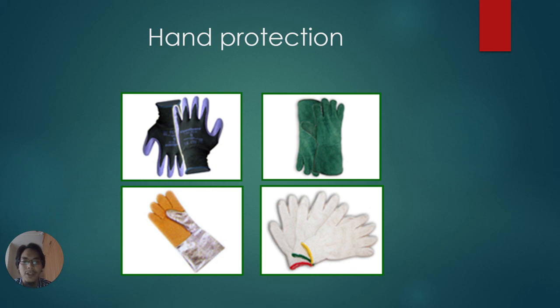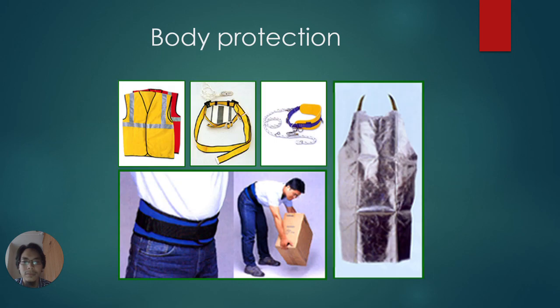Hand protection are also available for the different jobs that the workers are facing at their workplace. For body protection, there are different categories or equipment that can be used depending, again, on the work being done at the workplace.